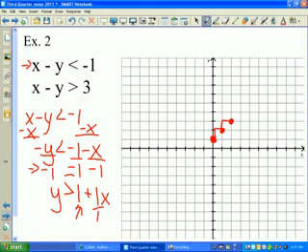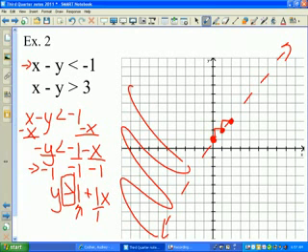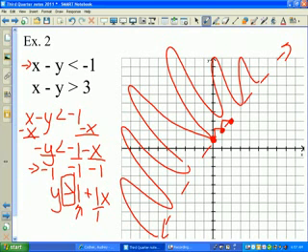I'm looking at my inequality. It's just greater than, so that means I'm doing a dashed line. And since we flipped the sign to make it greater than, that means I'm shading the top. Okay, so that's all for that one.